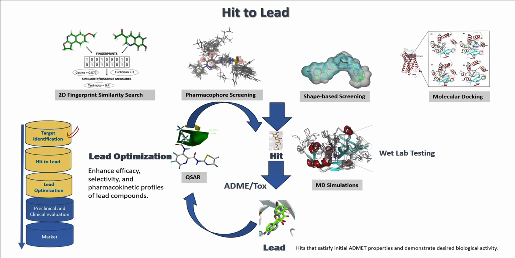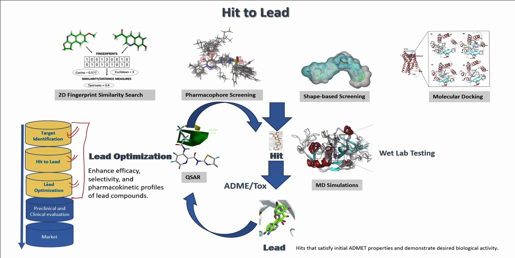Most of the computational work that we can do is in these three steps. And again, drug discovery is a long process. It takes about 5 to 10 years, and it costs about $2 billion.